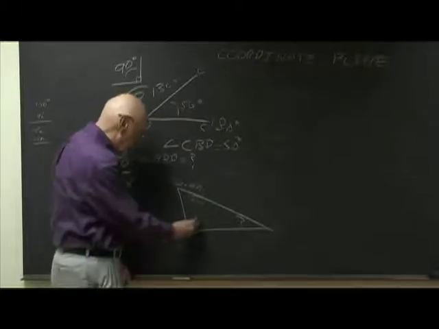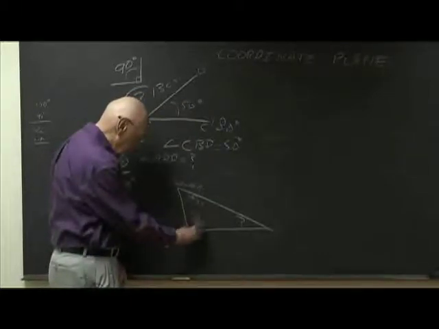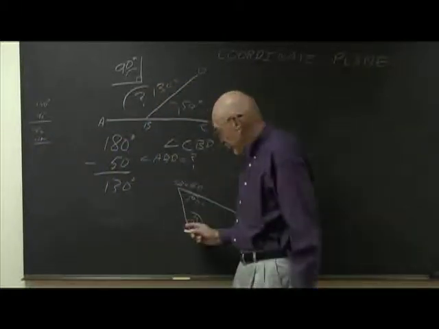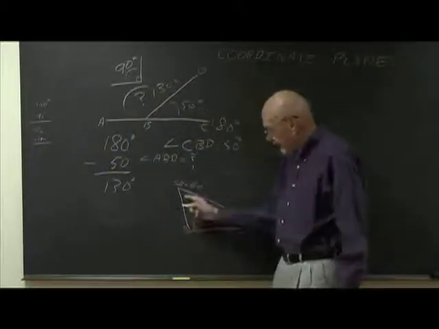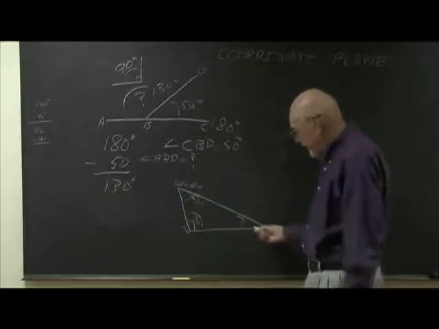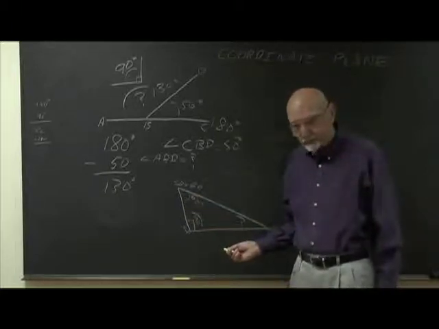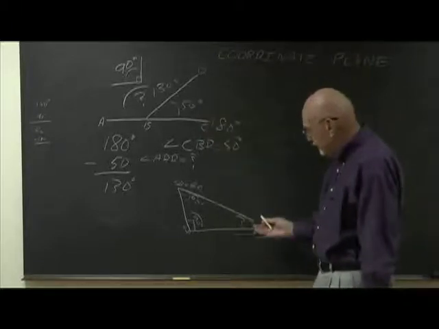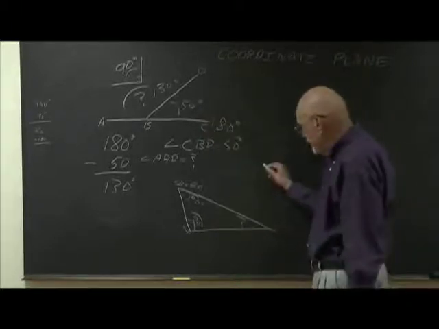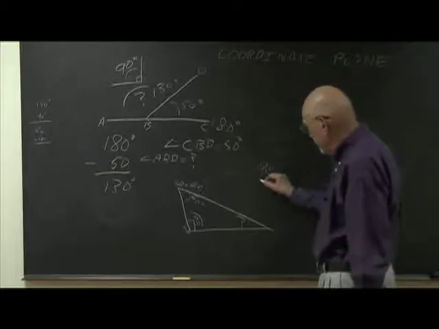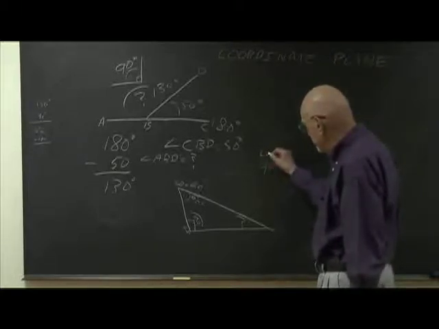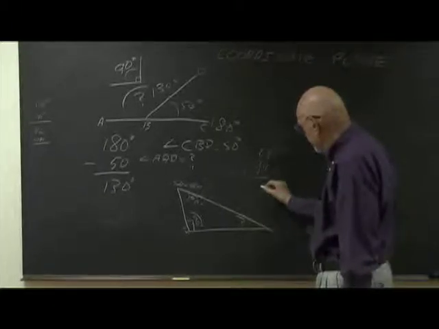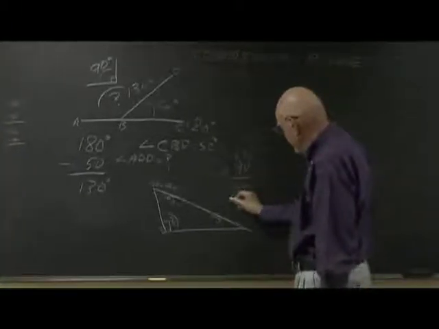So you know this is 90 because of that symbol. They don't need to tell you twice. If they give you the square, that means it's a 90-degree angle. They would have to tell you another one in order to ask you the third angle. And then it's very similar to the last situation, except you have three. So you add these two together: 90 degrees, 60 degrees, 150.